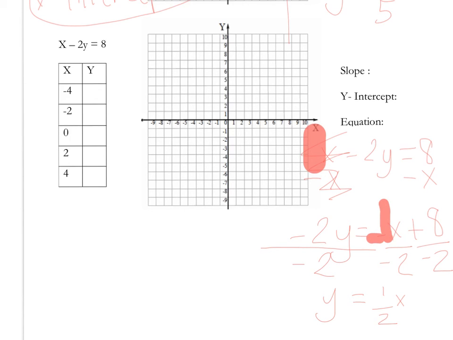So you're going to put 1/2 x minus 4. Why is it minus 4? Positive 8 divided by -2 is -4. Now looking at my equation, my slope is the number in front of x. Slope is simply 1/2. My y-intercept is the number at the end, so it's -4.